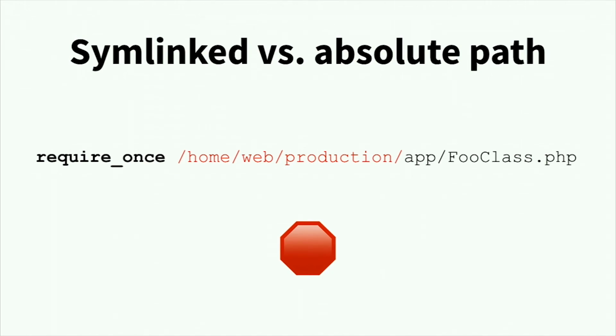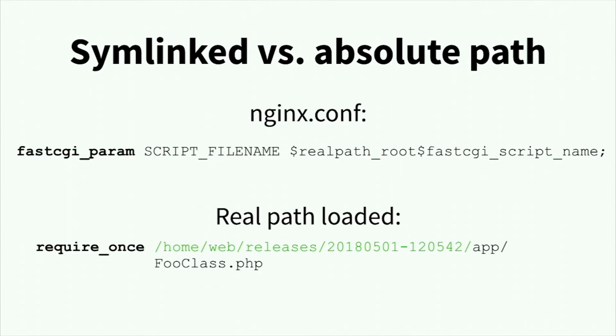Because if some file changed and you are loading the new version, then there might be some removed method or some additional argument required, etc. And you can remedy this by adding a FastCGI param SCRIPT_FILENAME like this, and that means that the real path is used instead of the symlink.